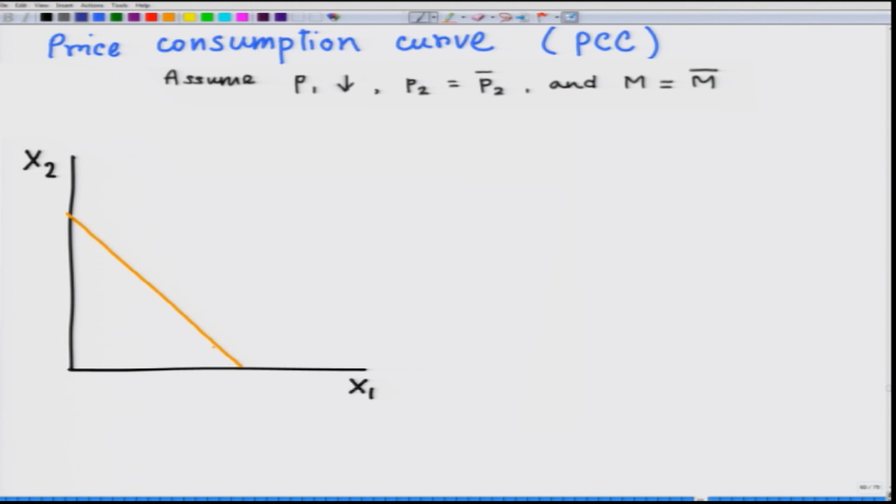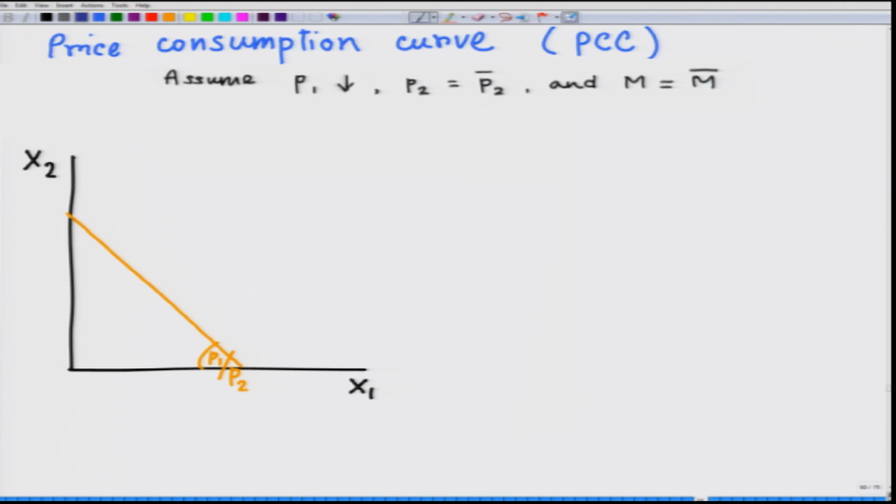We know that the absolute value of the slope of the budget line is the relative price ratio, right. So, if P1 falls, then basically the budget line will become a flatter one. So, we are going to deal with a flatter budget line.